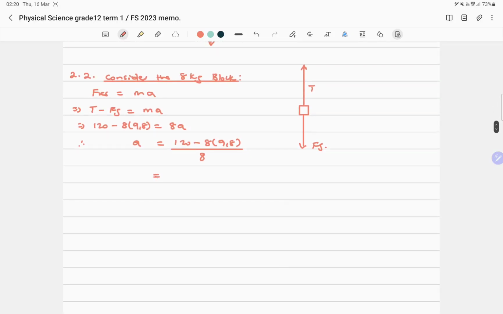Okay, so what is the story there? Let's calculate. So I'm getting 120 minus 8 into 9,8 divided by 8. So I'm getting a 5,20 meters per second squared upward, isn't it?